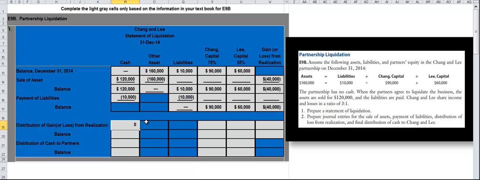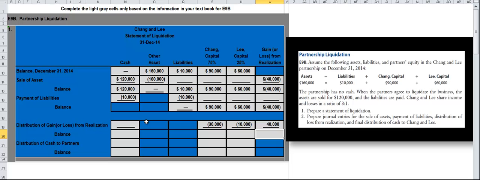So we'll just go ahead and put a zero to show we're not doing anything to the cash. And then if we take 40,000 times 75%, we're going to take $30,000 of the loss from Chang, and if we take 25% of the 40,000, we're going to decrease Lee's capital by the $10,000 difference. So those two added together equal the total $40,000 loss.